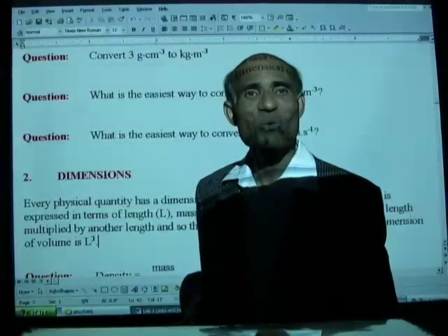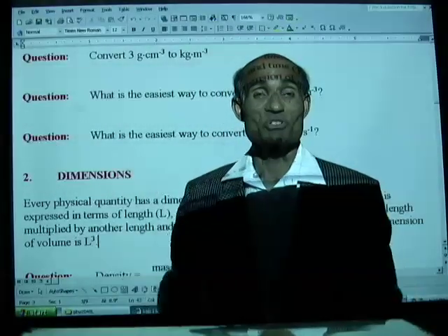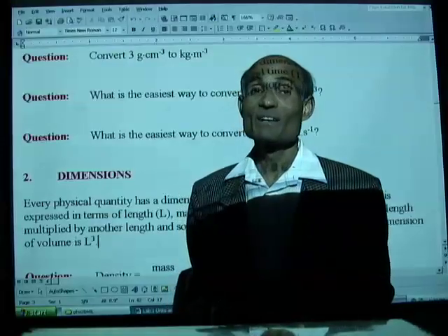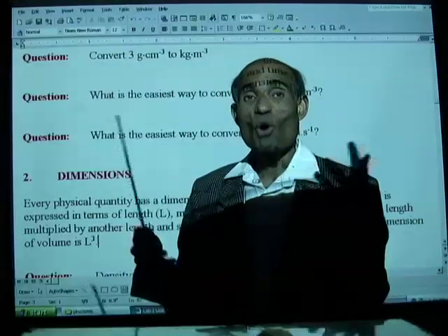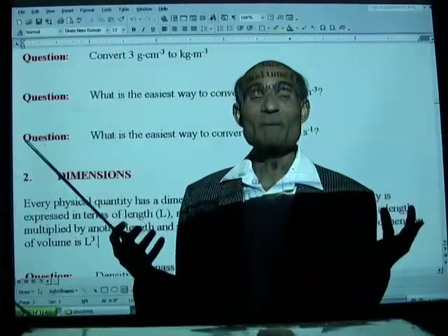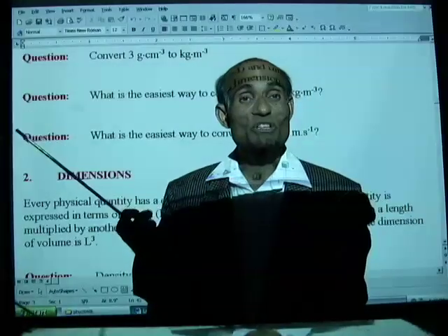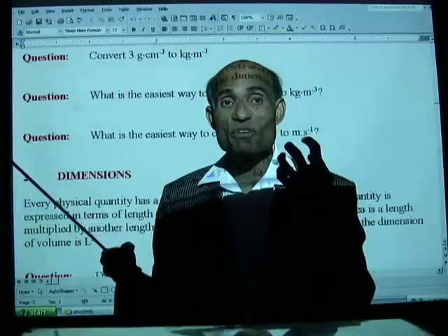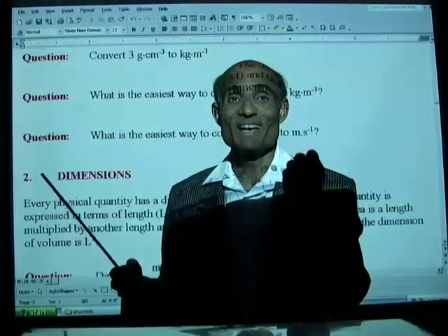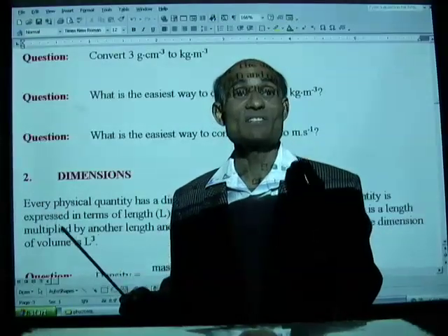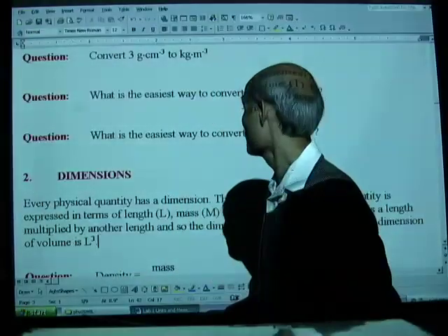Every physical quantity has a dimension. In fact, the dimensions of all physical quantities can be described using the dimensions of the fundamental quantities: length, mass, and time.